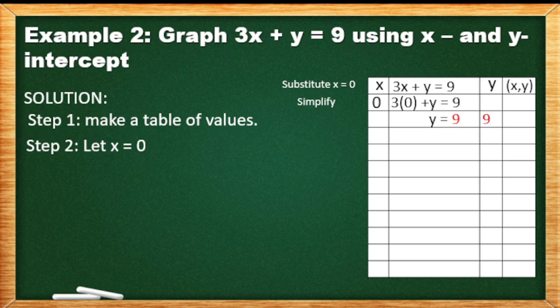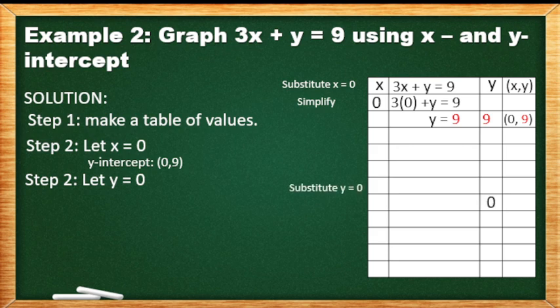So, meron tayong (0, 9). Next, we let y as 0. So, ang mawawala yung y. So, meron tayong 3x is equal to 9. Then, divide both sides by 3 kasi we need to find the value of x. So, x is equal to 3. So, therefore, our second point or the x-intercept is (3, 0).